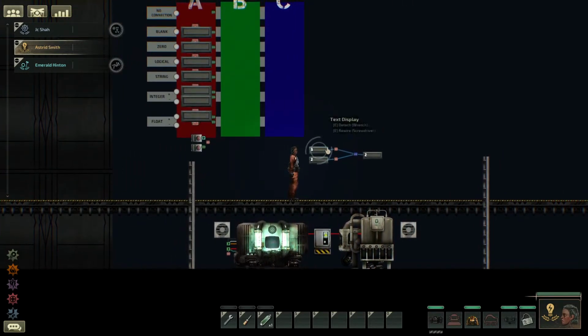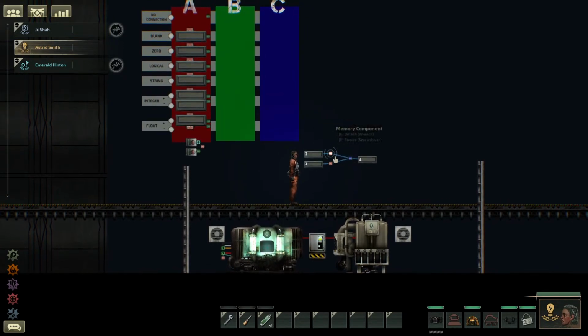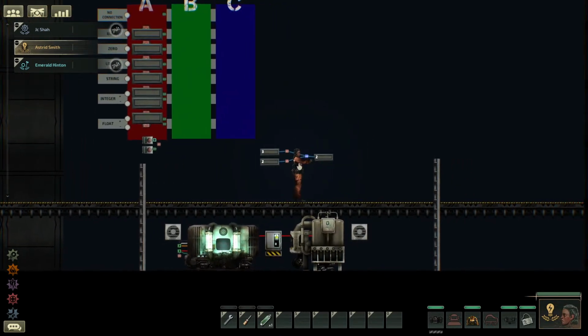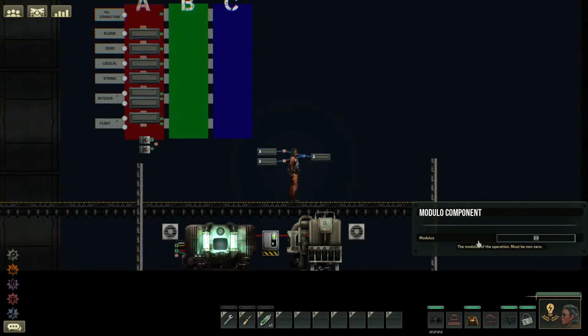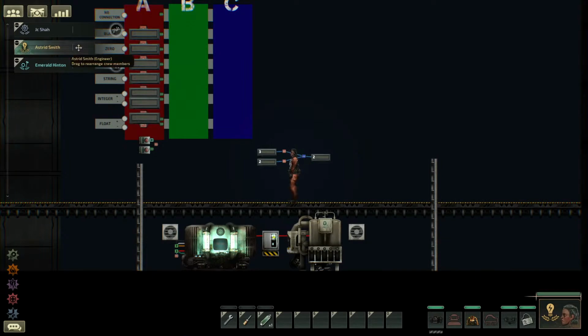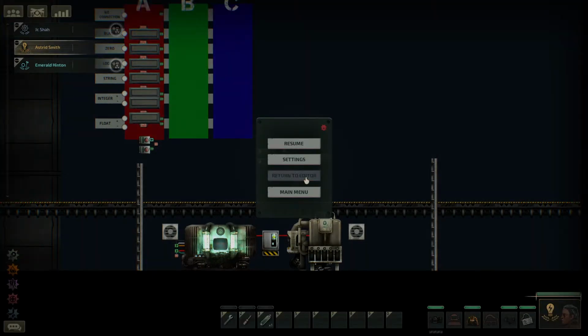So 3 remainder 2. Why is that 2? Oh, I've got this backwards, don't I? Modulus is 2, because 2 does not go into 3 evenly.